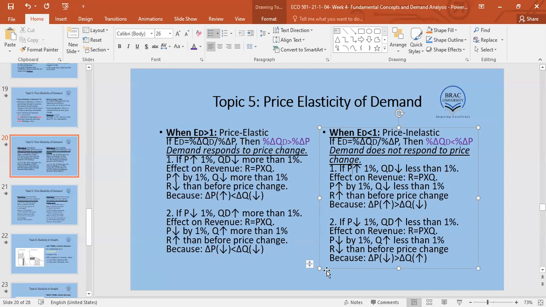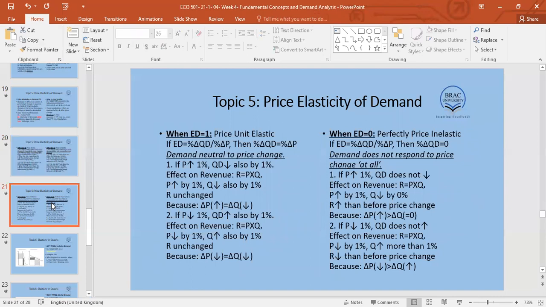Price has increased by 1%, response is less than 1%. That means people are reducing their demand because the price has increased, but not as much as the price increase. So revenue will ultimately increase. The reverse will happen if the price falls by 1%, but quantity demanded increases by less than 1%. So revenue will fall.